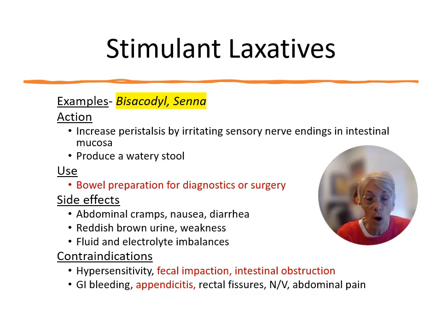So we don't see the watery stool, but just a constant kind of higher end laxative. So once in a while, you'll see those mixed together, that softener with senna. Okay, so that's just one little caveat for that.